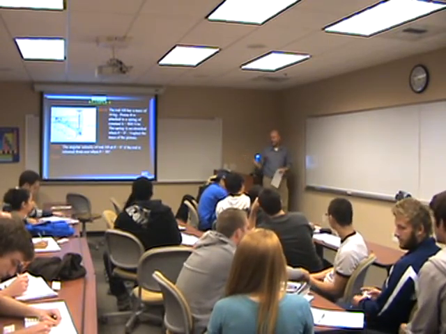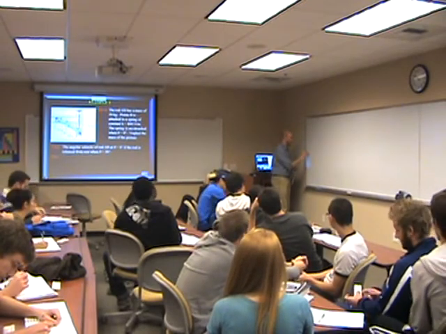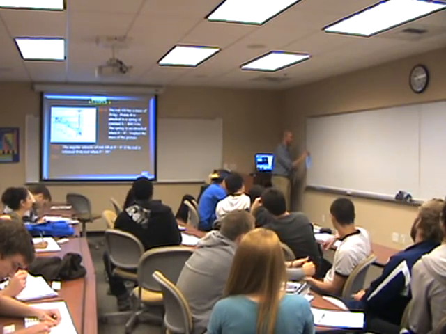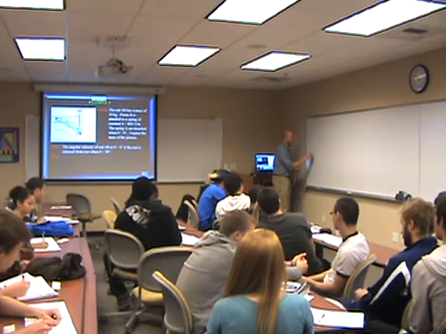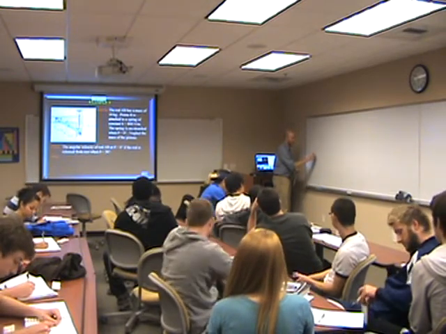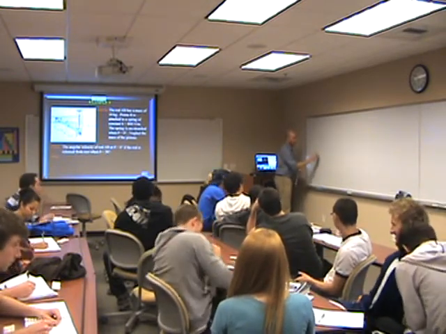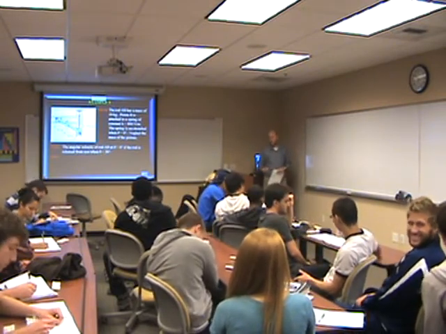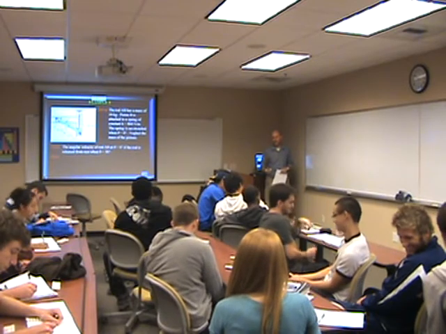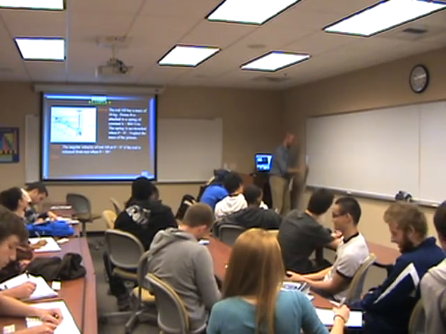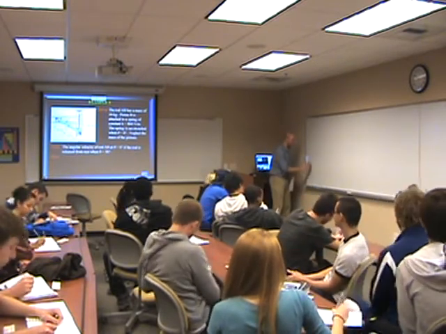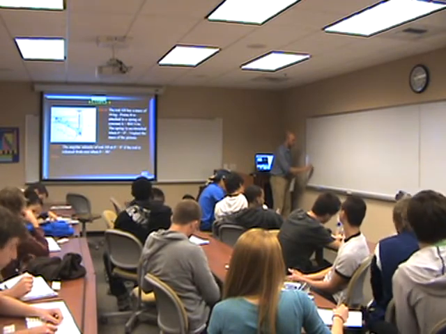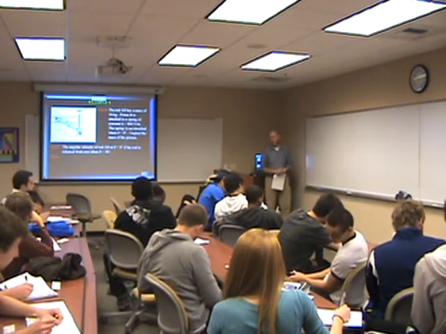What is our kinetic energy? Kinetic energy is 1/2 m v squared plus 1/2 I omega squared. What is I for a rod? It's 1/12 m l squared.